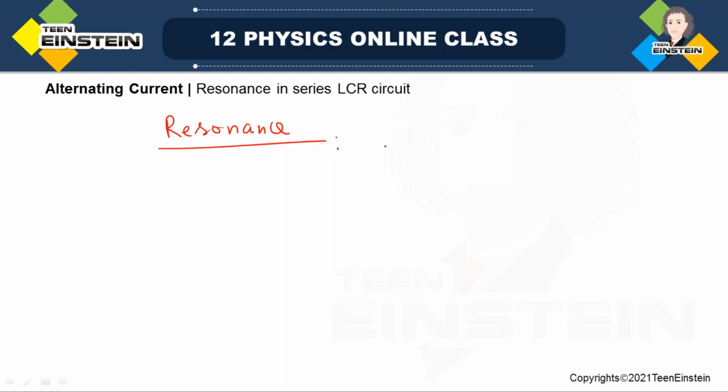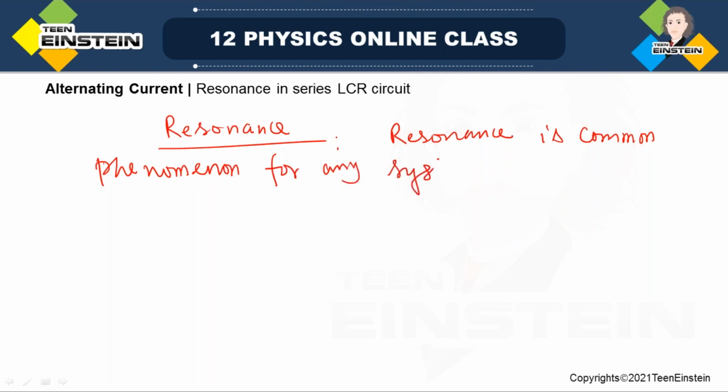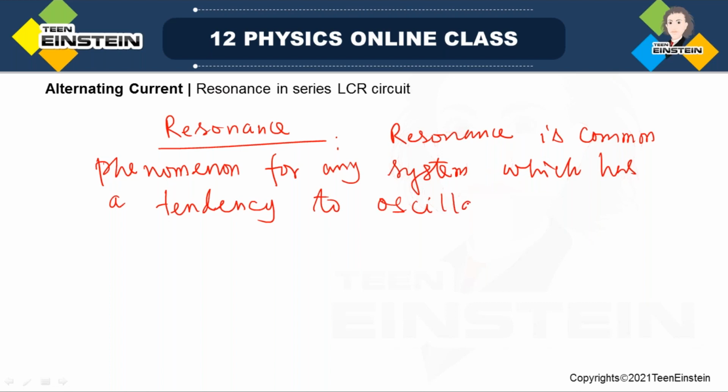If some system can oscillate with a particular frequency, resonance is a common phenomenon for any system which has a tendency to oscillate.